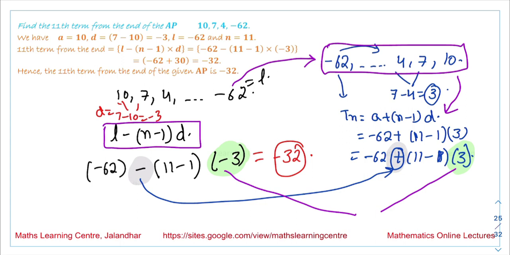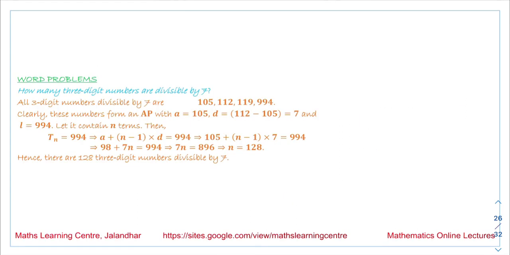Now the next we have some word problems. The first is: how many 3-digit numbers are divisible by 7? The first 3-digit number that is divisible by 7 is 105. Next is 112, and so on, and the last number we have is 994. So basically we want to find how many terms this sequence has.